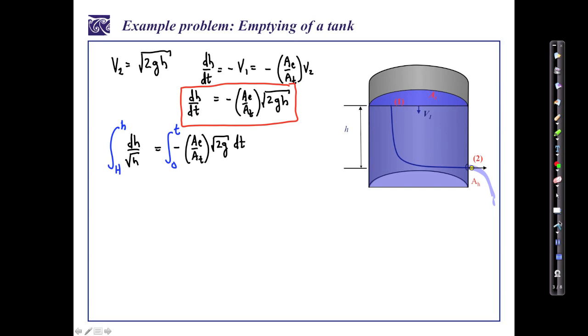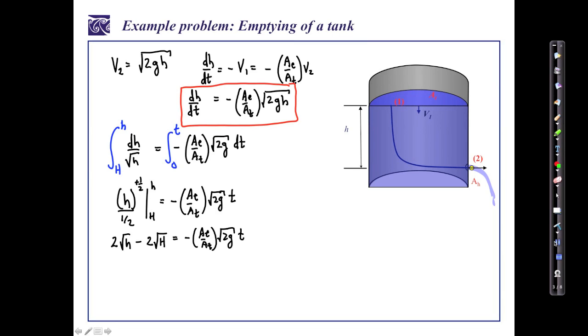So this integral over here gives us h to the plus 1/2 divided by 1/2, evaluated from capital H to h. And on the right-hand side, this is simply going to be minus AE over AT square root of 2g times t. Evaluating the limits here, we get this intermediate step, and we can finally rearrange this to look like this.